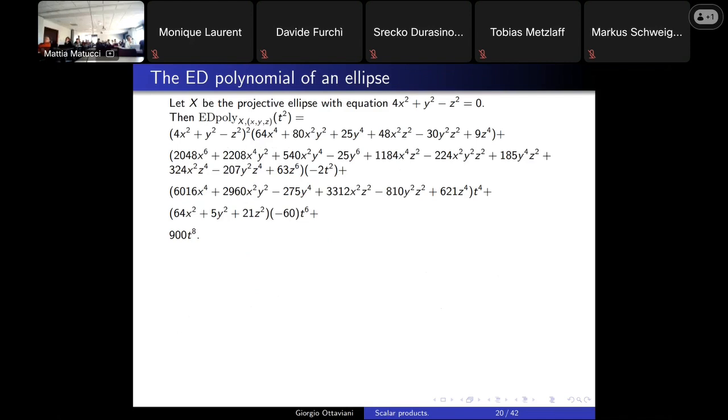You compute the polynomial, which should have degree 4 in t square. And indeed, you see there is a monic term t^8, then there is the term in t^6, a term in t^4, t square, and this is the constant term.